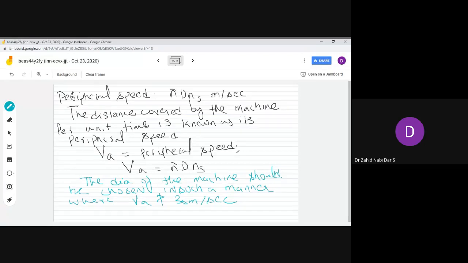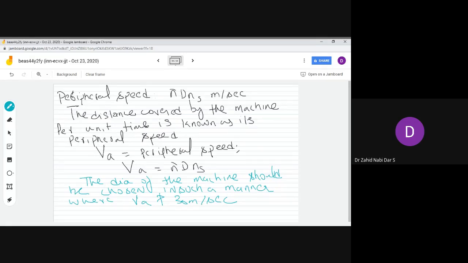If you start it without load, it will run at dangerously high speed and result in the breakdown of the motor. Similarly, when you are designing an induction motor, the safe limit is to operate it within this range. So this is the design consideration.